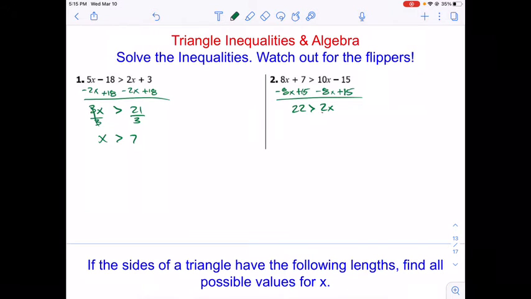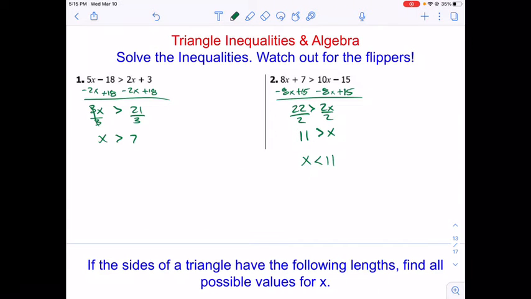So, divide by 2. X is going to be less than 11. So this can be read like this, or you could swap it to be x is less than 11. It doesn't matter which side you bring it to.